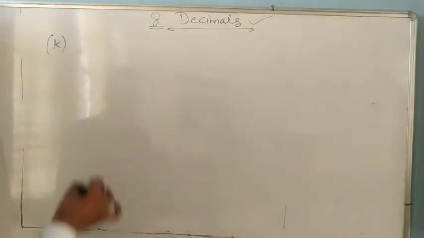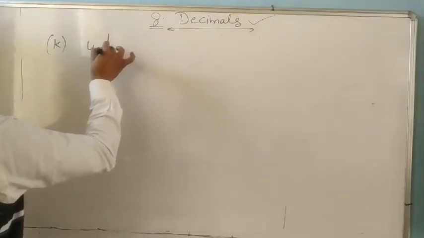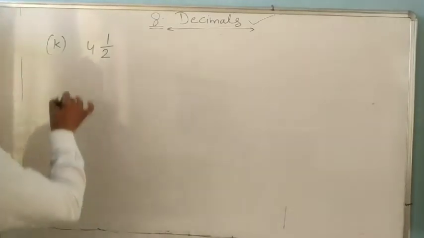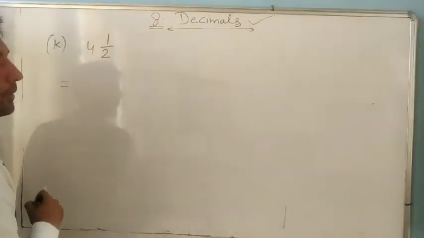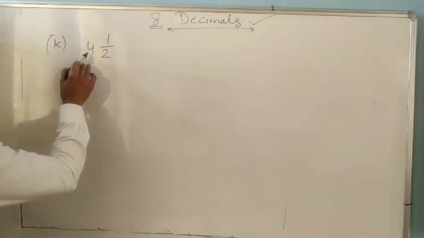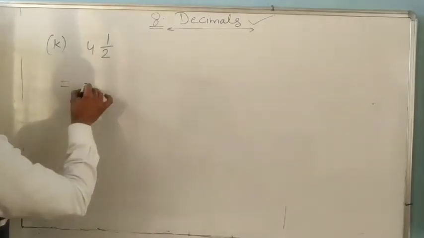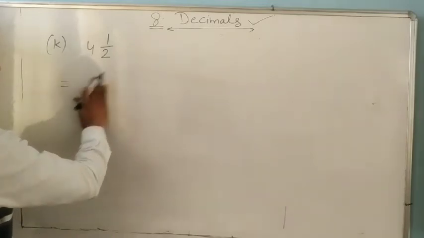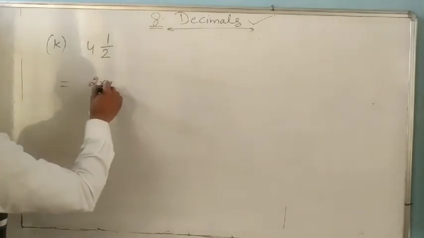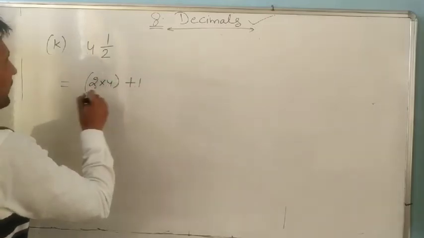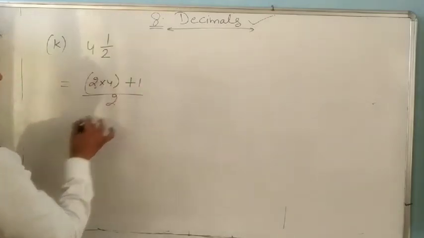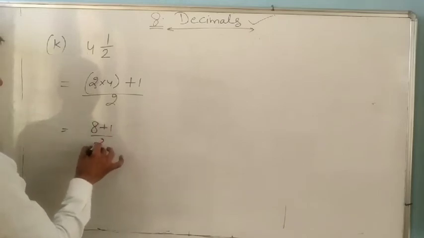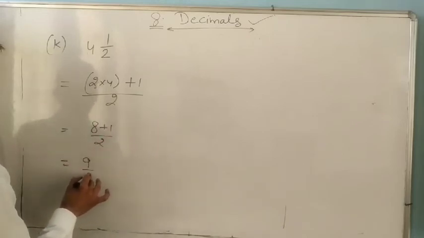One more K part, 4 and 1 by 2. So it is a mixed fraction. Either you can solve it by first converting to an improper fraction. How will you write an improper fraction? Whole is 4. Whole is multiplied by the denominator. 4 into 2, 8, plus numerator divided by denominator. So 2 into 4, 8 plus 1 divided by 2. What is 9 upon 2.